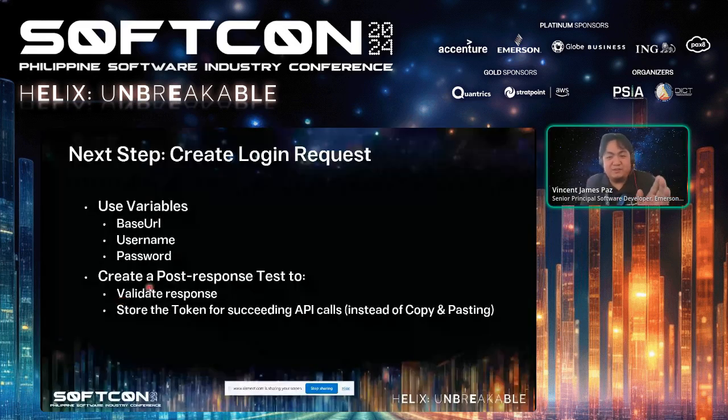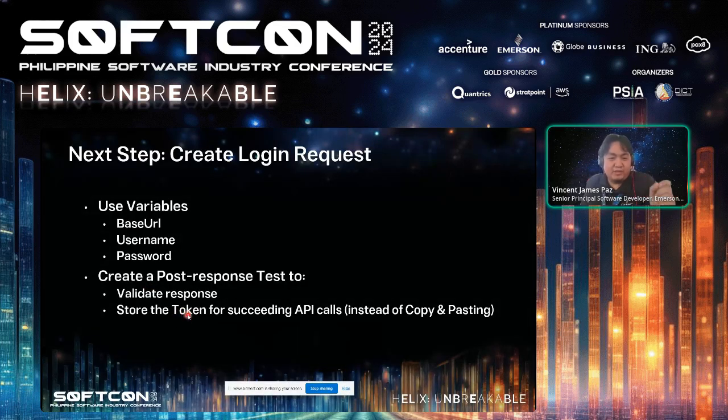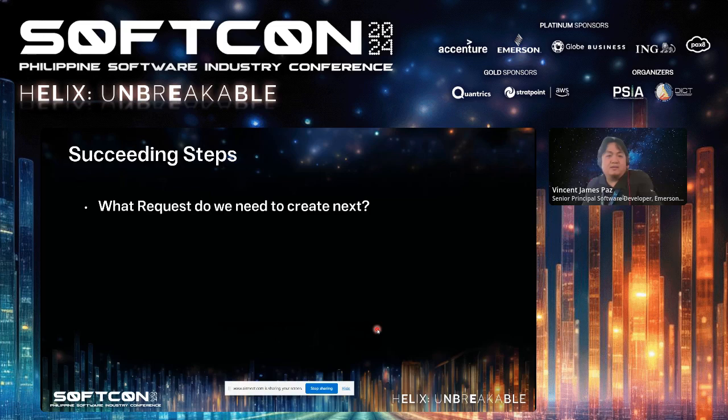So that's how you could store and reuse the token generated from login. Instead of copy and pasting, it's better to do it that way, right? So after you add this login, what comes next? What request do we need to create next?